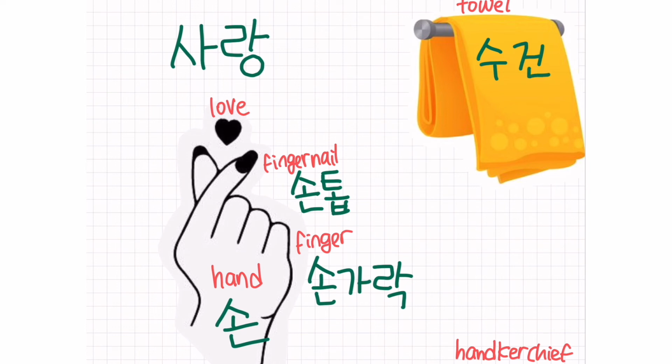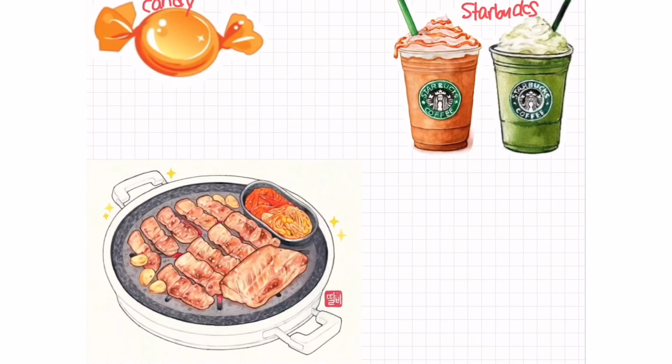Handkerchief, 손수건. 손수건. Alright, candy is 사탕. 사탕. Starbucks is 스벅.